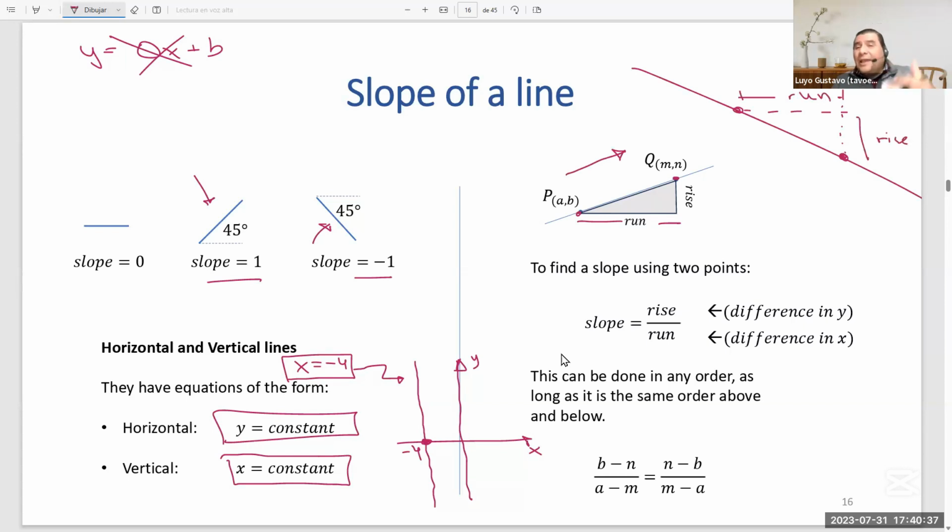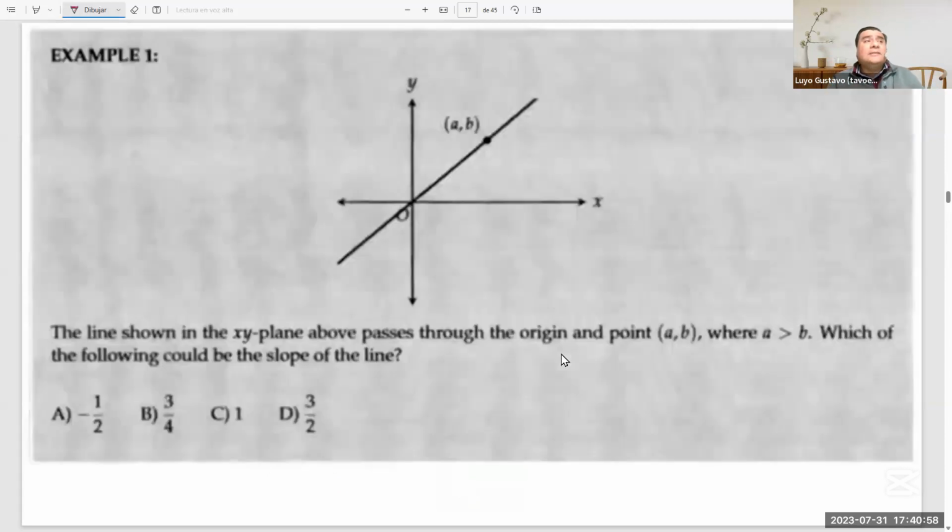So that negative rise over the positive run will give you a negative slope. So that's a way you can calculate if you are given 2 points. So let's see how we can use this strategy, having 2 points' coordinates, to determine the slope and the equation of the line. Take a look at this example.